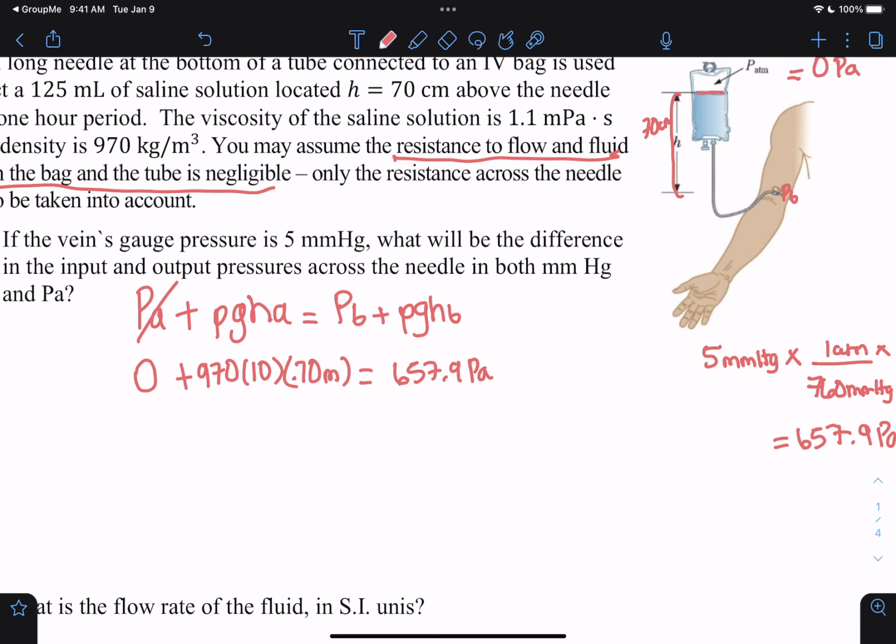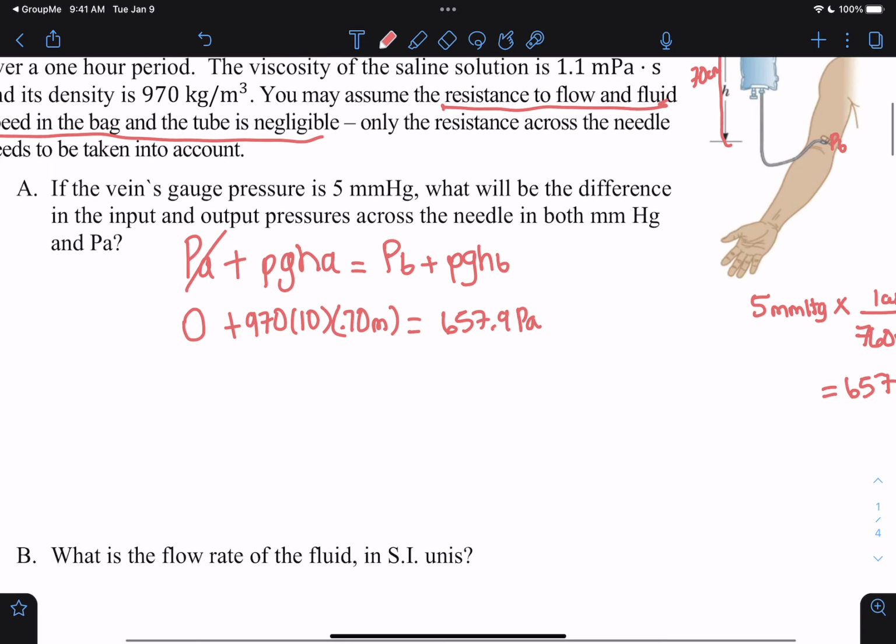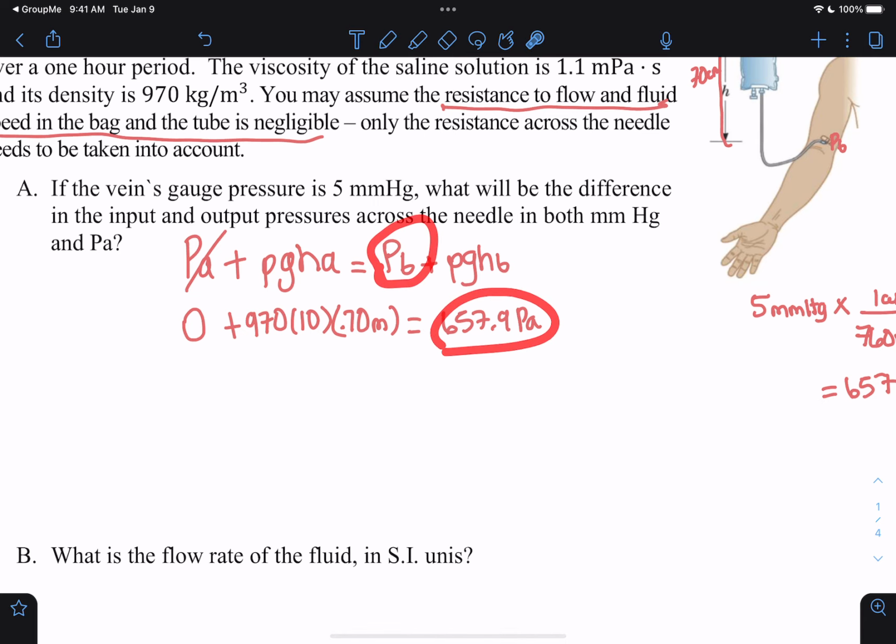So that just leaves us with PB is equal to, or this PB here, the 657.9, right, is going to be equal to, wait, hold up. I did something weird here. Hold up.